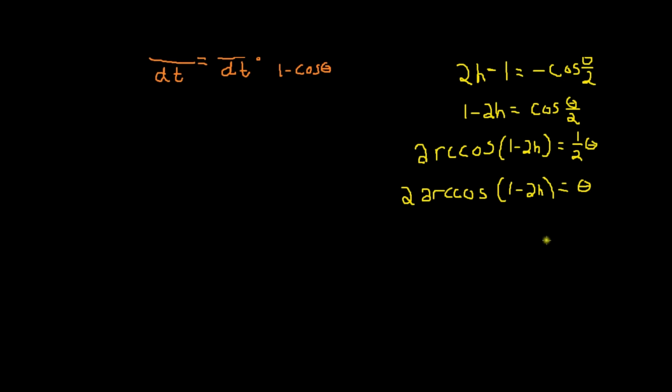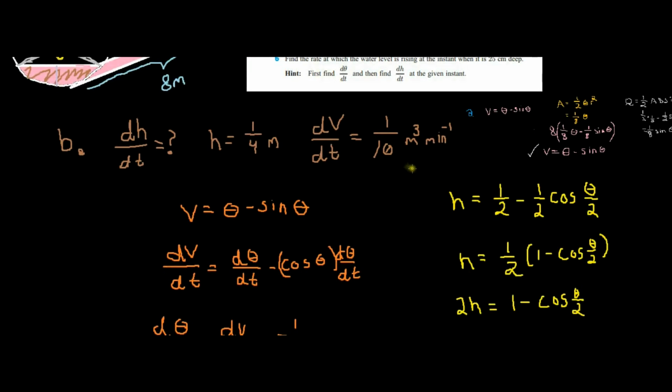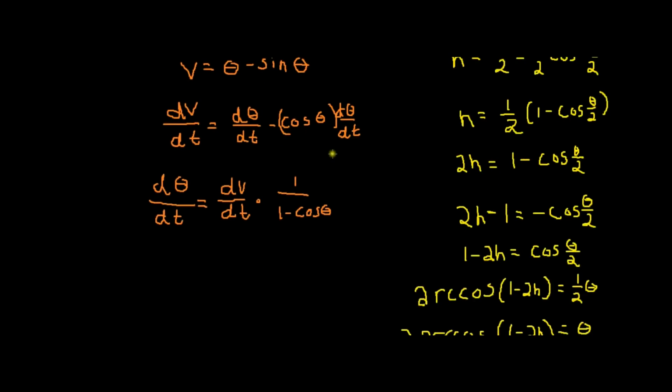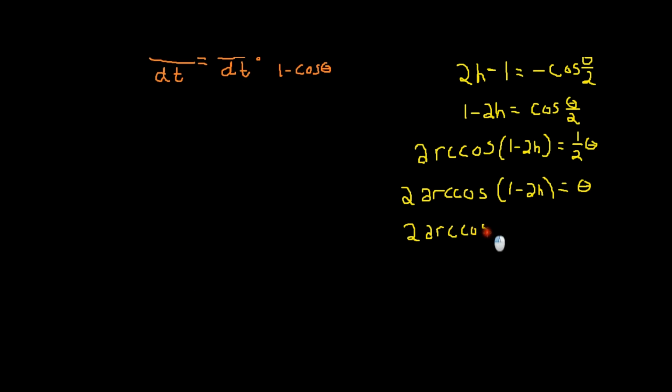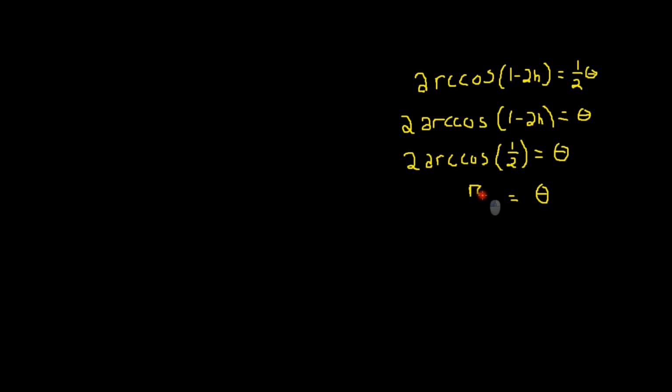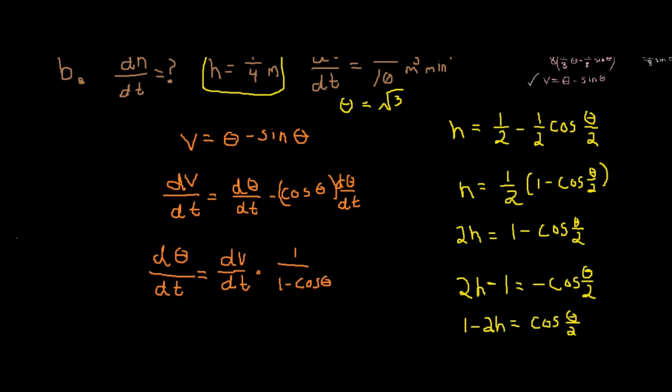And we're solving for the point at which h is equal to 1/4 meters. So 2 arc cosine of 1/2 is equal to theta. That's just putting in our h value. The arc cosine of 1/2 is equal to pi over 3, right? Times 2, 2/3 pi is equal to theta.